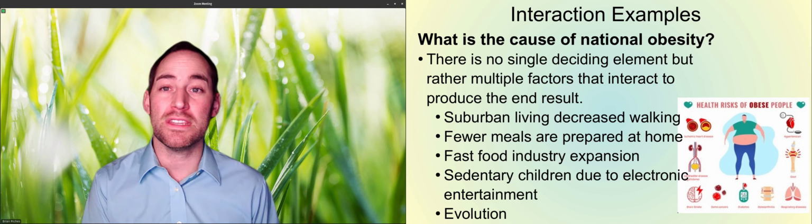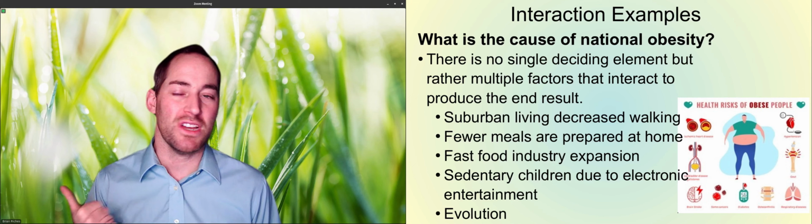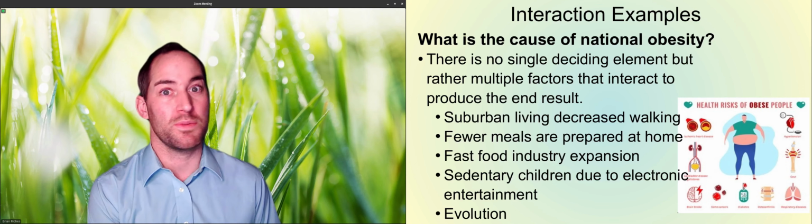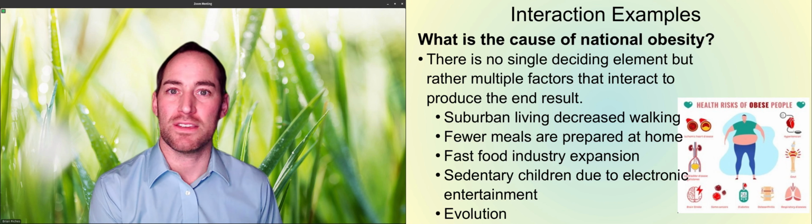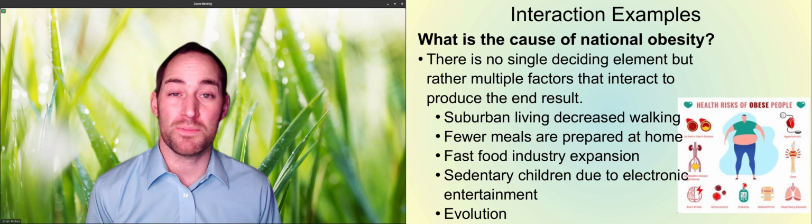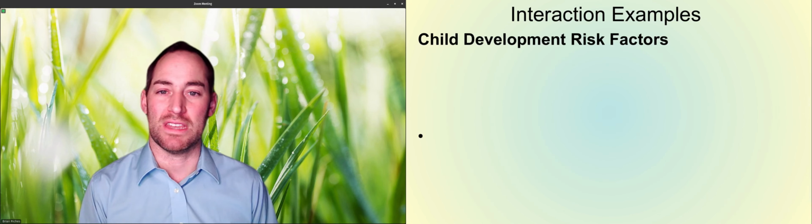But all of these things together lead to obesity. It's not just one of those things. Just having candy out there, my wife has much more self-control than me and has avoided eating any of the children's Halloween candy. So just because it's there is not the cause of, say, obesity, for example.